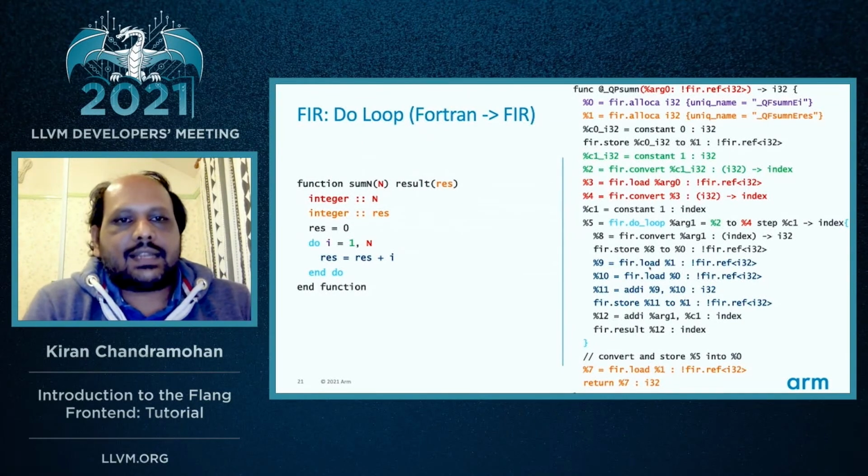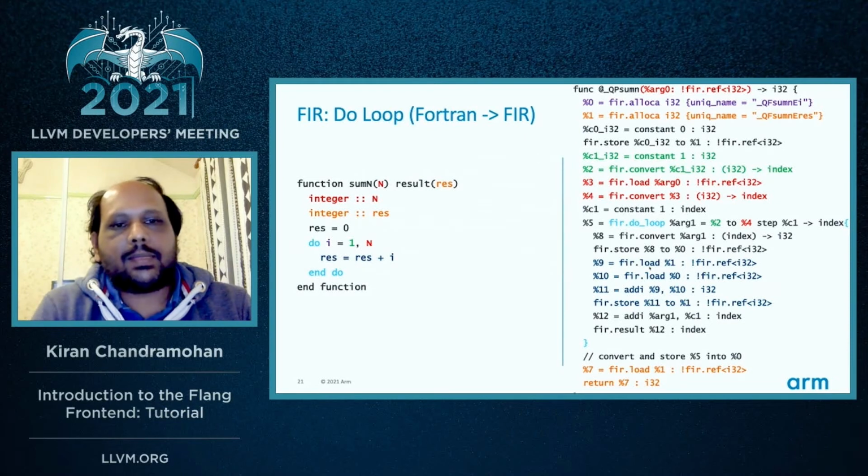This slide shows an example of a simple do loop. What I have on the left hand side is a function called sumN. It accepts an integer as argument n, and it returns a value called result, res.